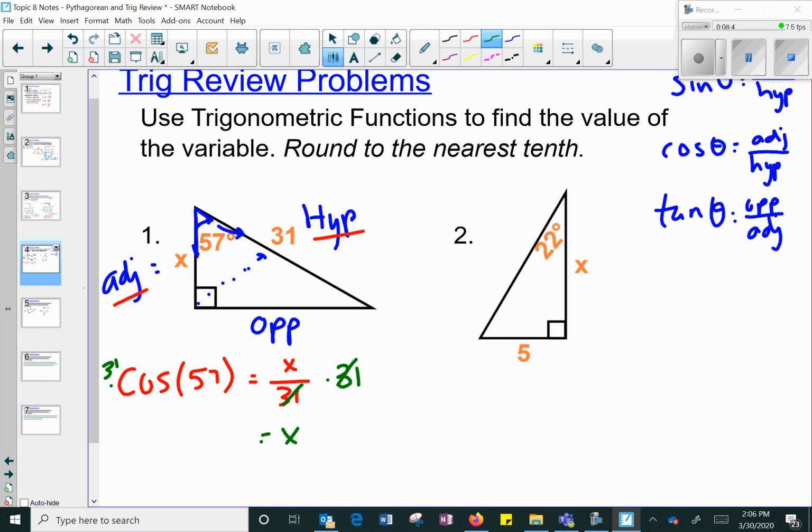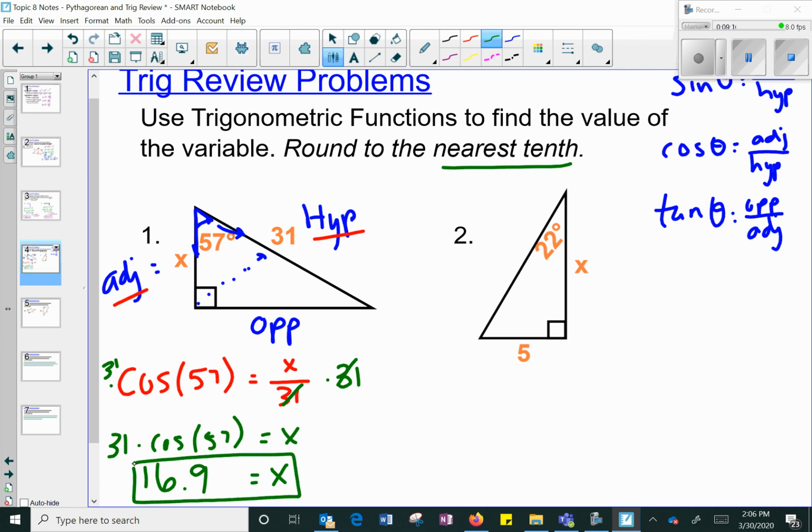So we'll have x equals 31 times the cosine of 57. You can go ahead and try to put that in your calculator. 31 times the cosine of 57 gives us 16.88. Rounding to the nearest tenth, that becomes 16.9. So that's that first question there.